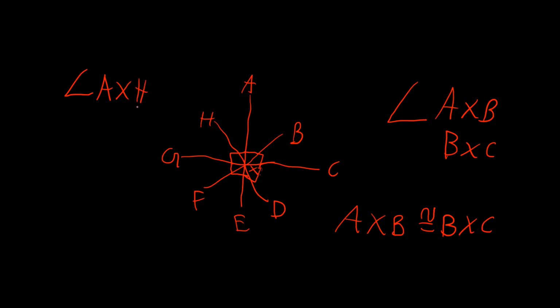A congruent angle to AXH can either be HXG or the other angles. I'm going to choose HXG. You would write this as AXH is congruent to HXG.